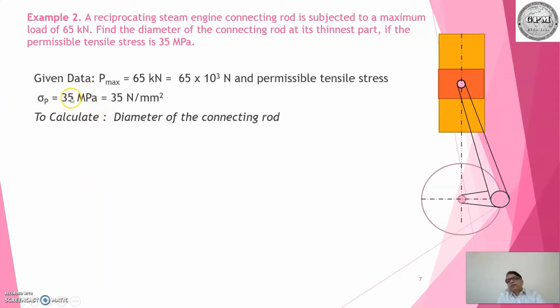Since 1 megapascal is equal to 1 Newton per mm square, 35 MPa is equal to 35 Newton per mm square. And what to calculate? To calculate the diameter of the connecting rod for a minimum section.